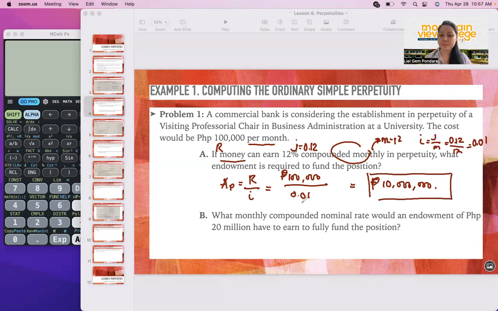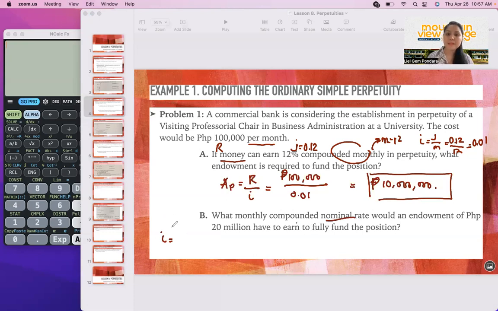The next one. What monthly compounded nominal rate would an endowment of 20 million have to earn to fully fund the position? This time, we're looking for the nominal rate, the compounded nominal rate.